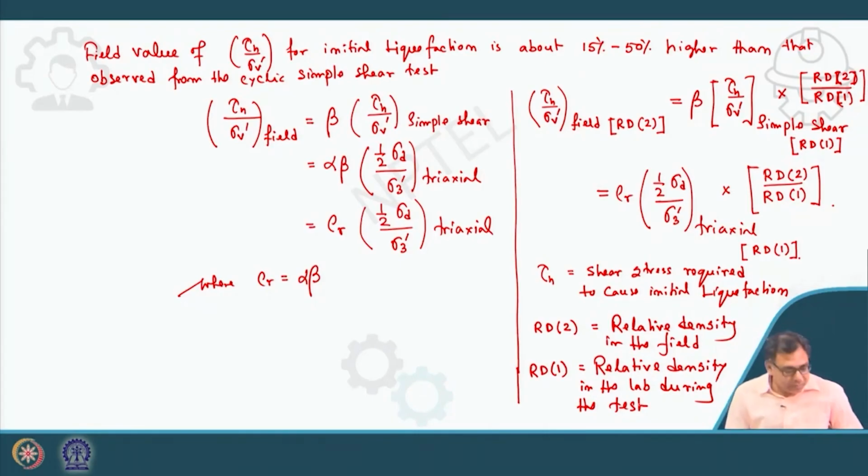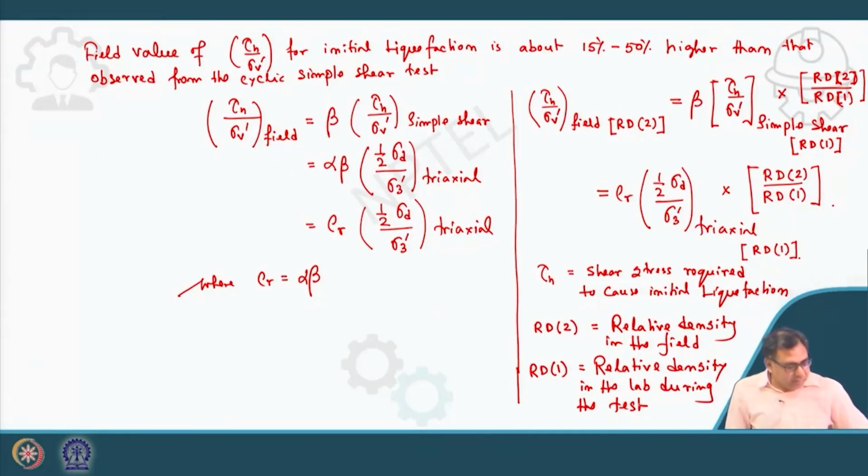Even if you want to do your own test, it may not always be possible to produce the same relative density as the field, so this would be the relative density in the lab during the test.